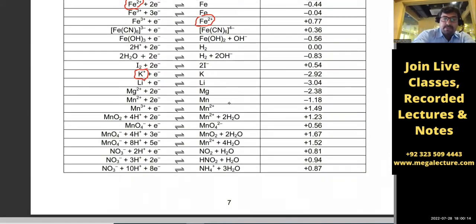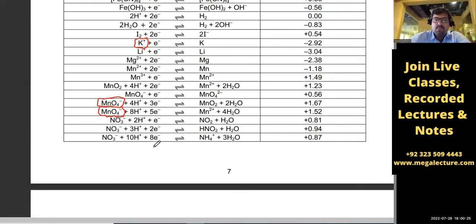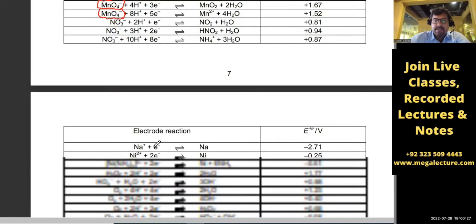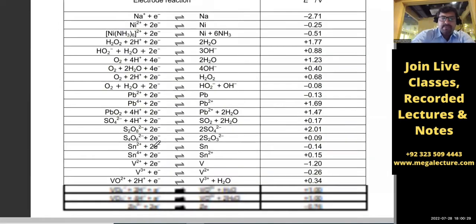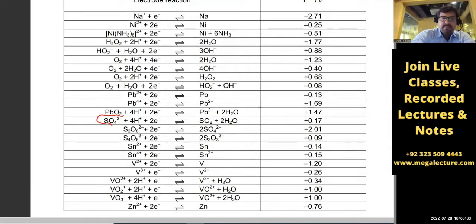I've got 2 equations for MnO4 minus 1, and one of them is with acidified, so it's H+ as well. And I think there are 2 places where you can find SO4 2-. So I've marked all my reactants, right?